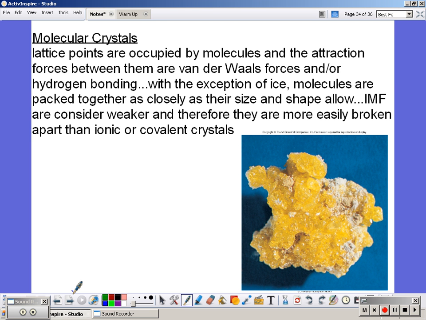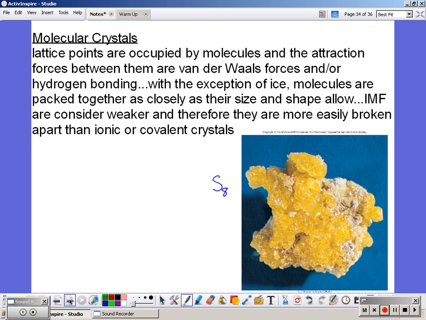The intermolecular forces are considered weaker, therefore they're more easily broken apart than the ionic or covalent crystals. In this picture we have sulfur. Remember, sulfur is actually S8, so we have a molecule of S8 at each of our lattice points.